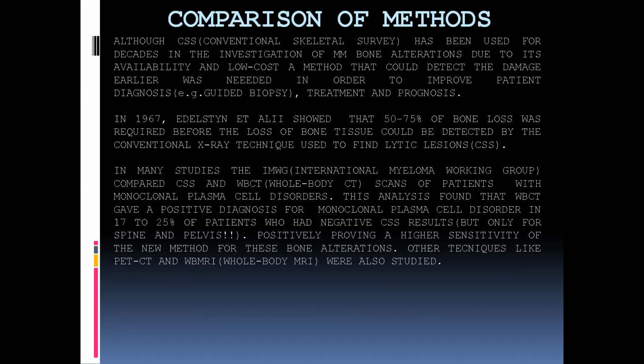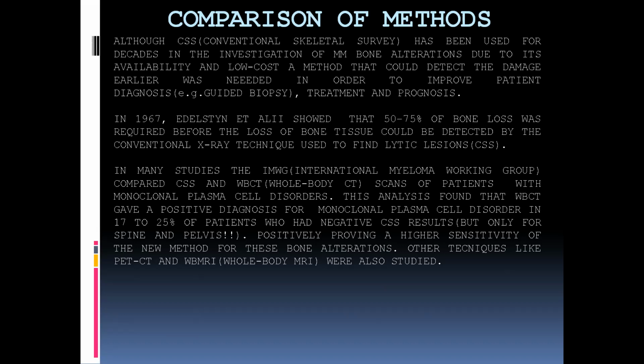Now, in many studies, the IMWG, the International Myeloma Working Group, compared CSS with other methods, especially WBCT, whole body CT, low dose mostly. These scans found that WBCT gave a positive diagnosis for monoclonal plasma cell disorders in 17 to 25% of patients who had negative CSS results.